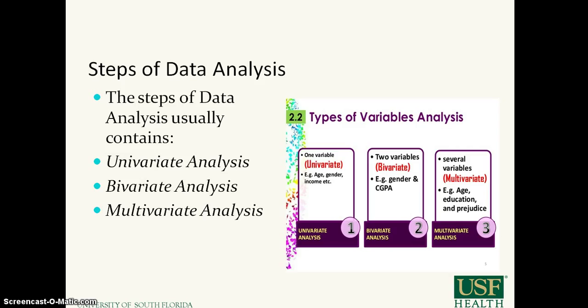And then multivariate means several variables. Now you start to look into the complex relationship between multiple variables. So a statistical data analysis process usually has these three steps: univariate, bivariate, and multivariate.